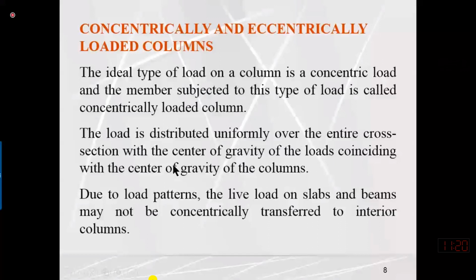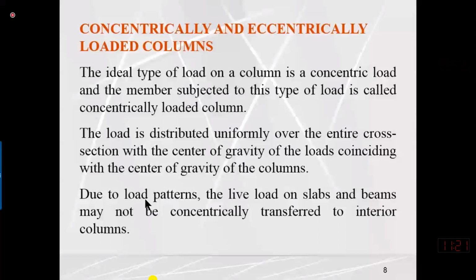But in many cases, the center line of the load might not be coinciding with the theoretical center line of the column. For example, the edge column or the corner column in a building is having the load only from one side.